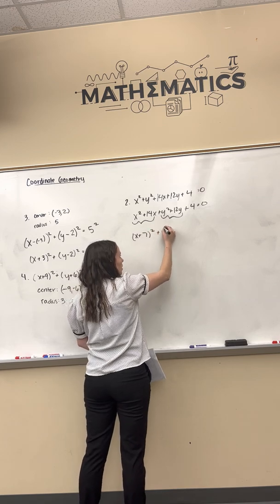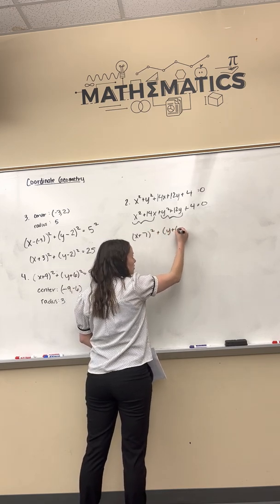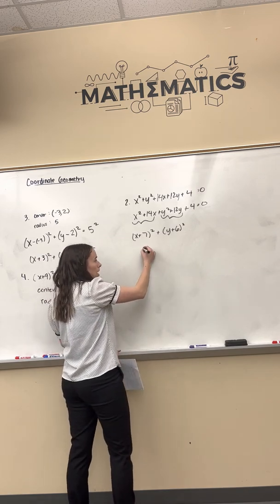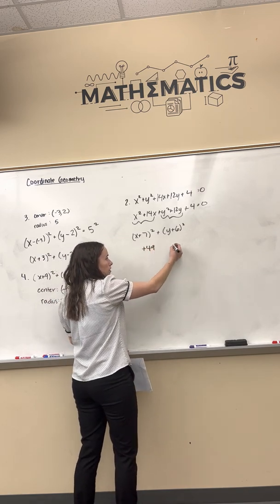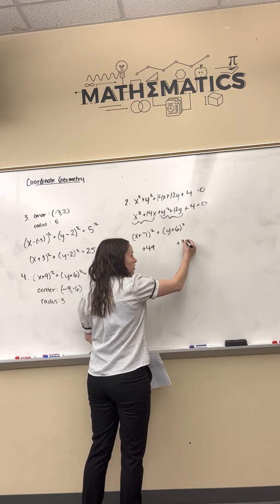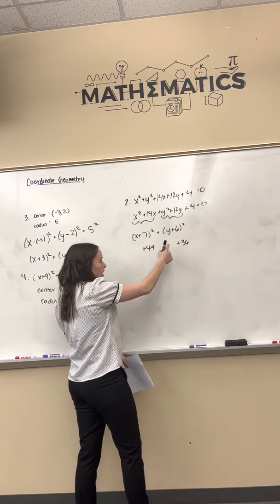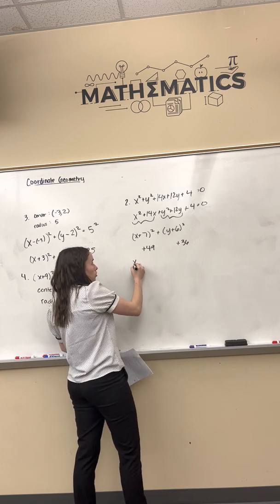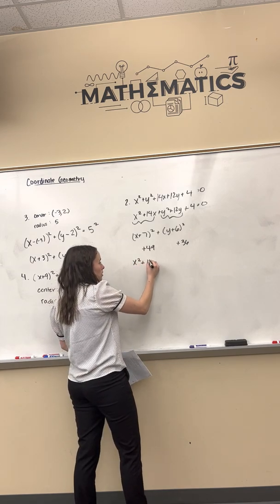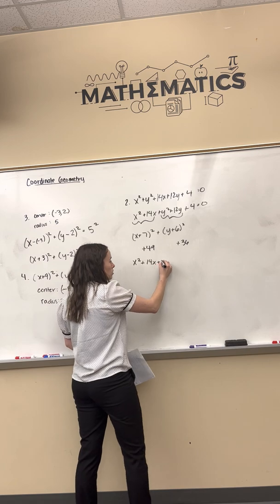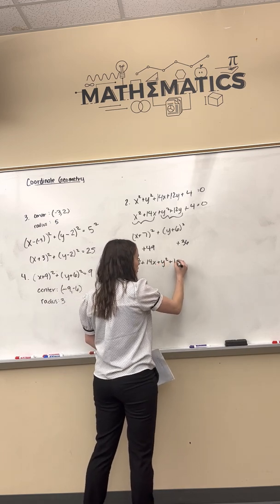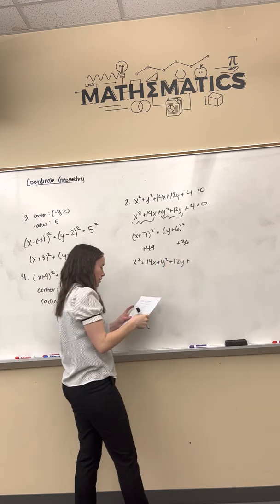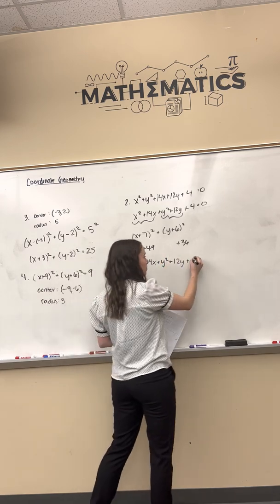And here I would get y plus 6 squared. Well, that means we are adding 49 and we're adding 36 because 7 squared is 49, 6 squared is 36. So our equation would be x squared plus 14x plus y squared plus 12y plus 49 plus 36, which is 85.